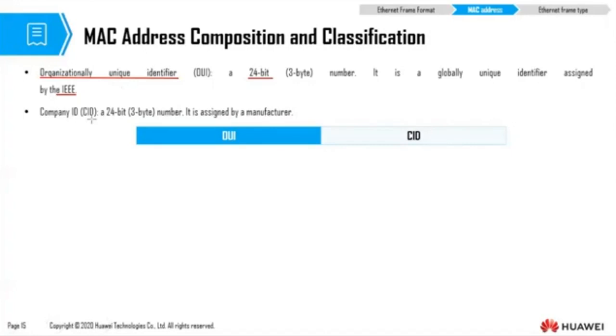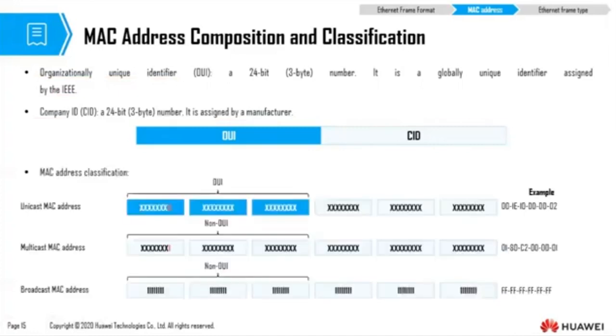Then the remaining 24 bits is what we call the company ID. The company ID is assigned by the manufacturer uniquely and incrementally: 1, 2, 3, 4, 5, 6, 7. So that's how we are able to say that by design, the MAC address has to be globally unique.